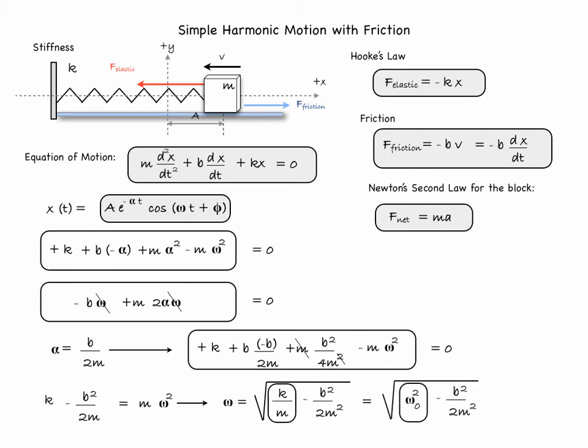Remember that k over m was actually equal to the square of the angular frequency of the block spring system in the absence of friction, here marked as omega naught, so that we can write for the angular frequency now with friction that it is equal to the square root of omega naught squared minus b squared over 2m squared.